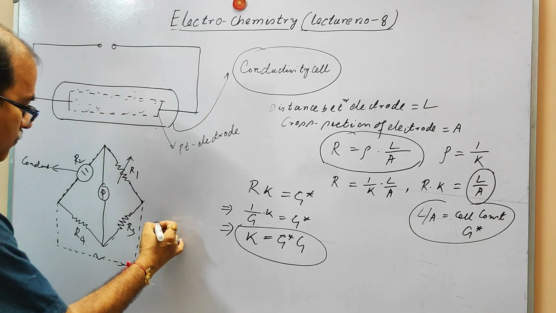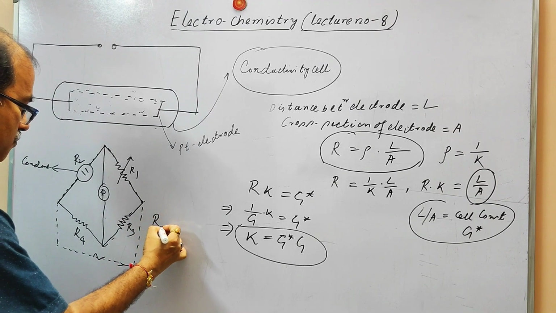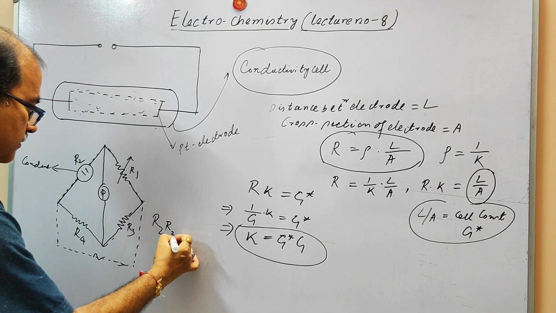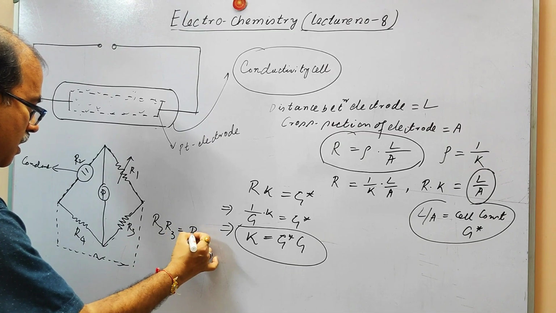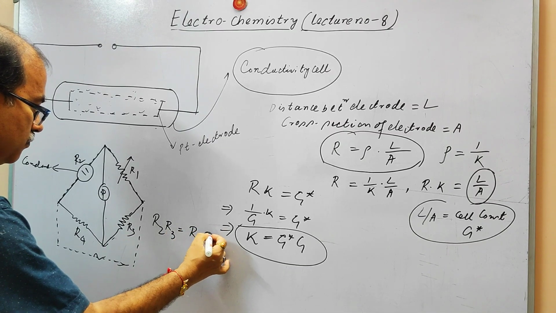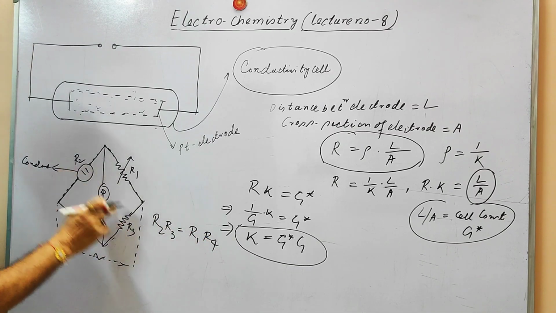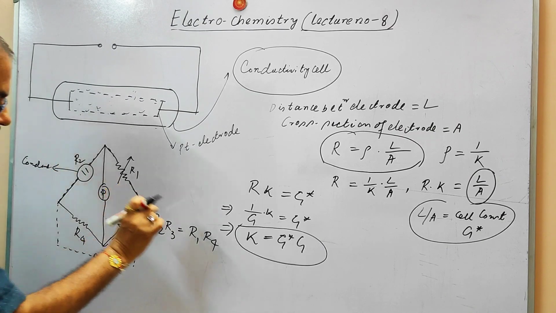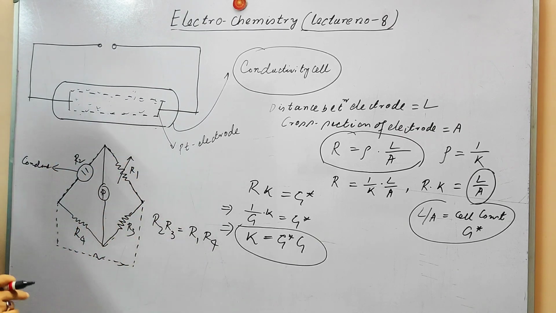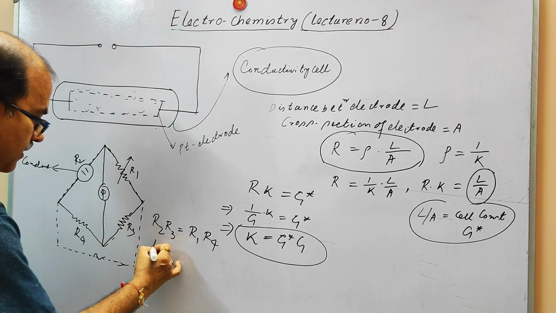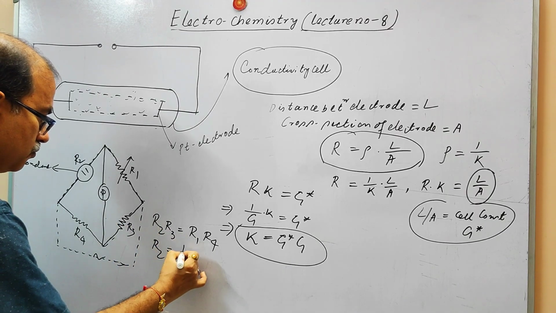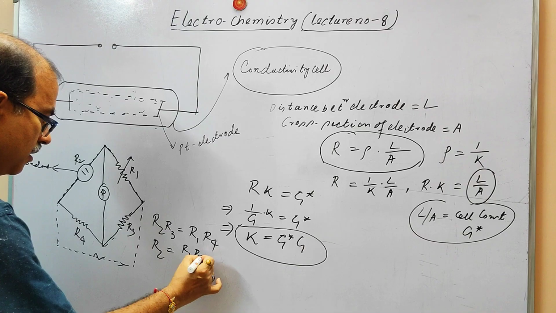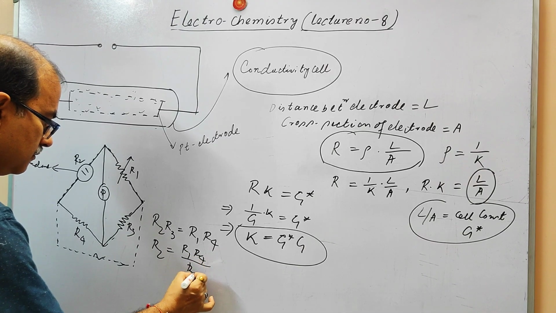So at that time we can write R2 into R3 is equal to R1 into R4. The product of the opposite resistances will be equal to the product of the other opposite resistances. So you can write R2 is equal to R1 by R4 by R3.